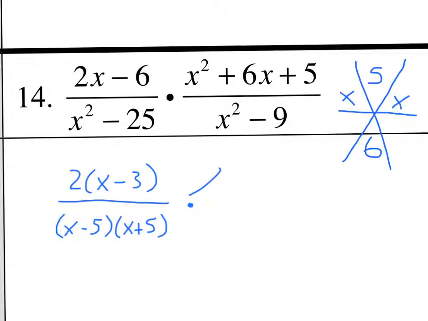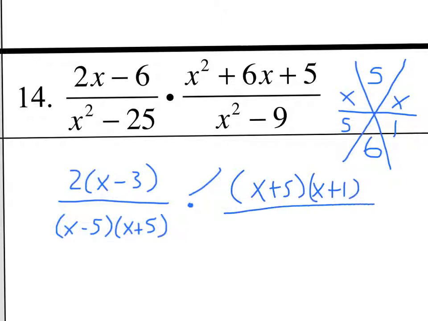So we have a 5 and a 1. So, and now we can write it out as x plus 5 times x plus 1 all over the difference of 2 squares, x minus 3 and x plus 3.